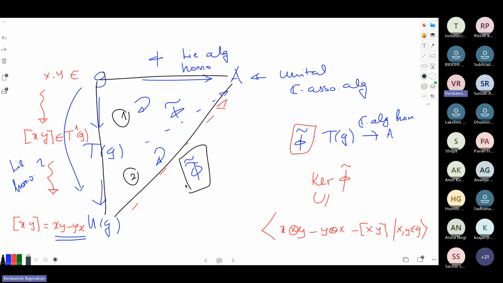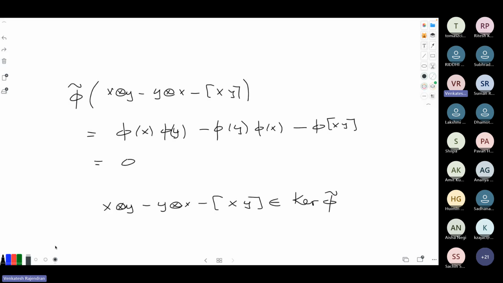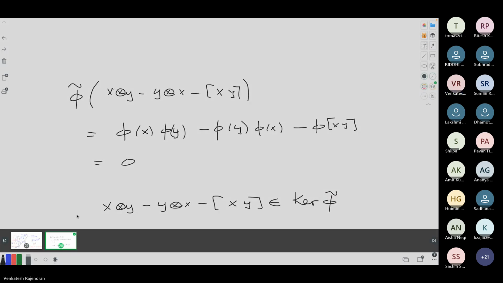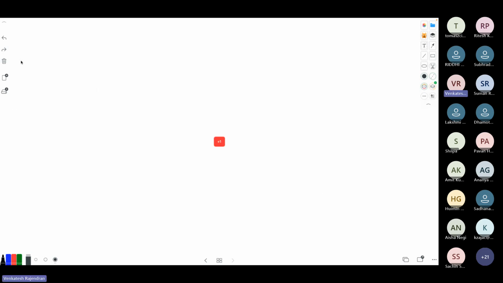So now this gives you a very important observation in terms of representations. If you go to the representations, you can easily compare the representations of G with the representations of UG.